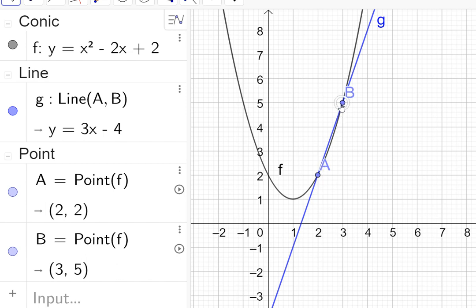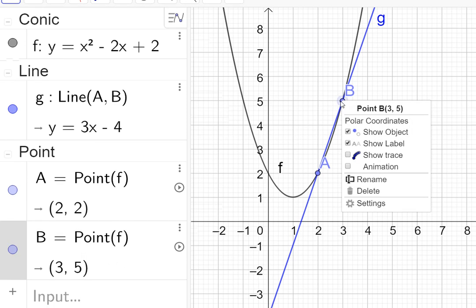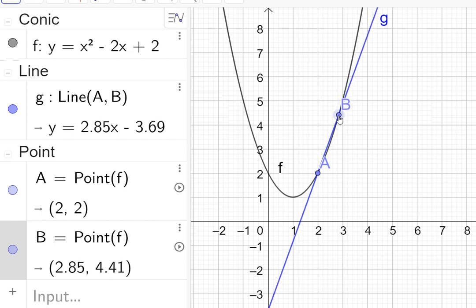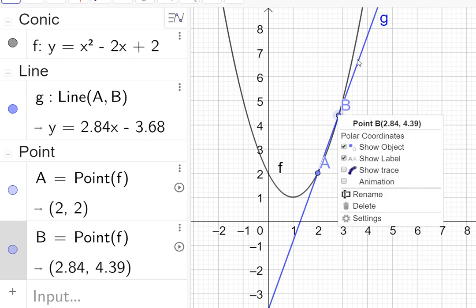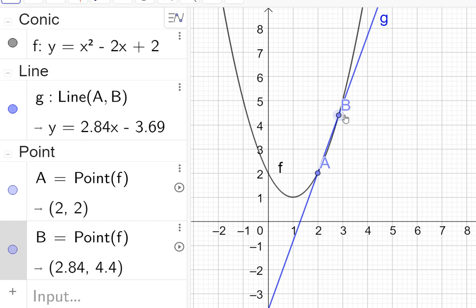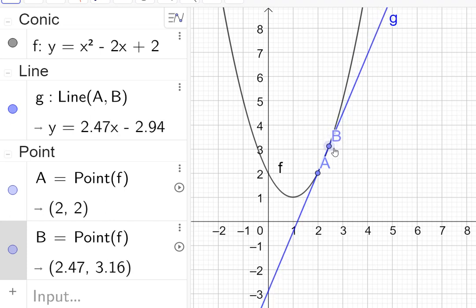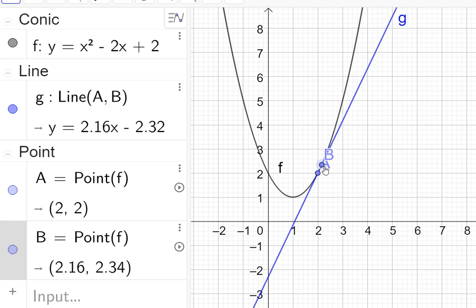So let's start to move B. And when we move B, if we look at the slope of our line here, it starts off at 3, and as we bring A and B closer together, what would we say that our slope is getting closer and closer to?